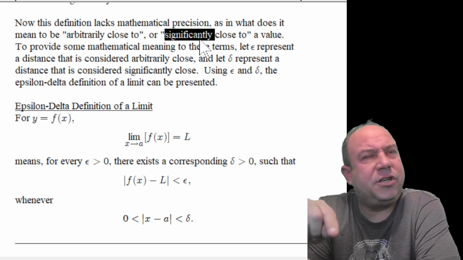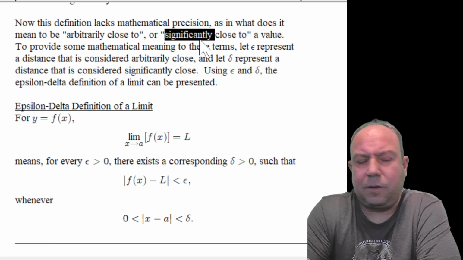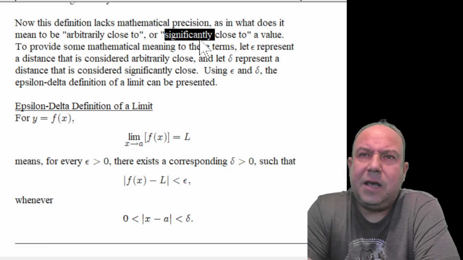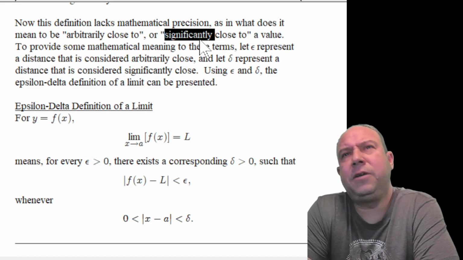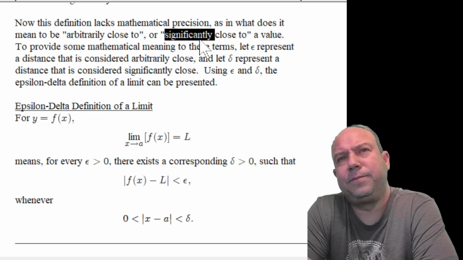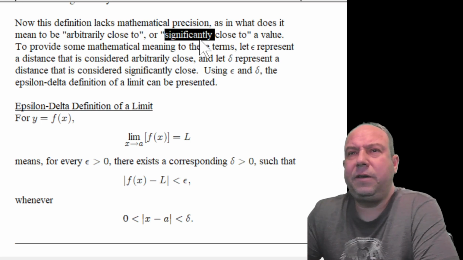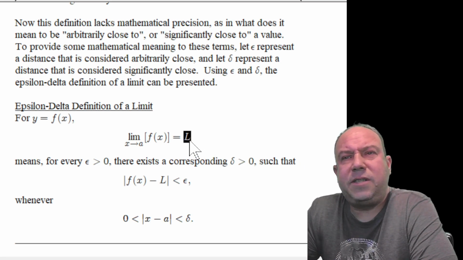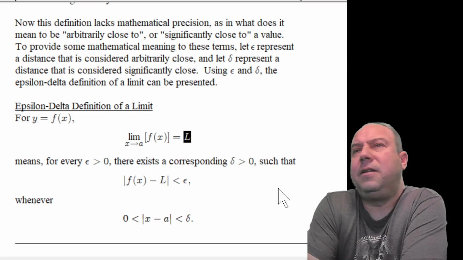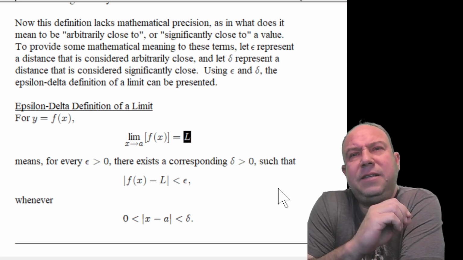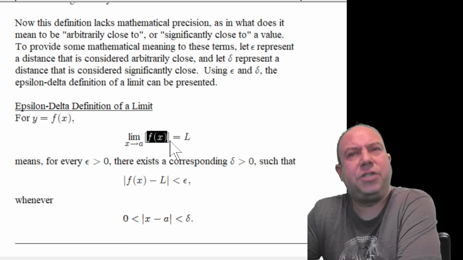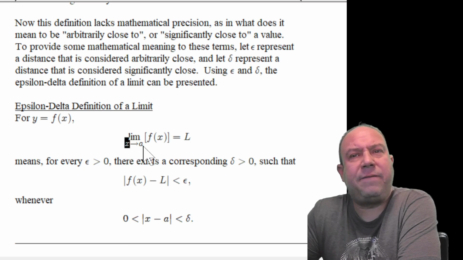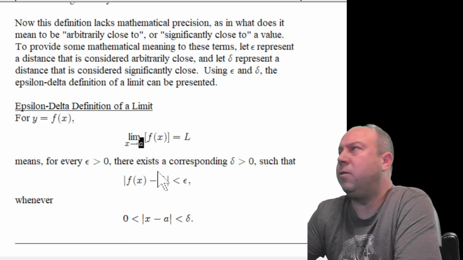All this definition is primarily used for is a means of proving our solution as being correct. Proving that what we say here is the answer for L is indeed the value that f of x is approaching when x, the independent variable in that functional relationship, is approaching the value of a.